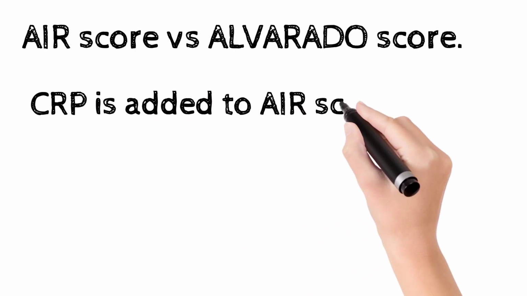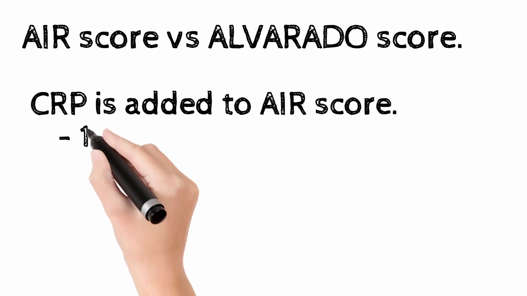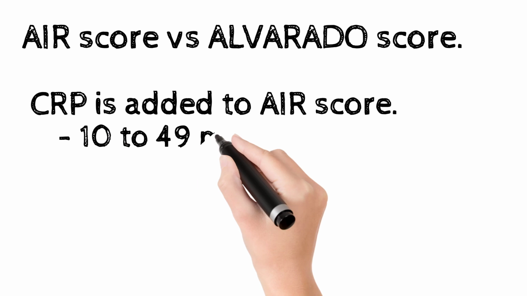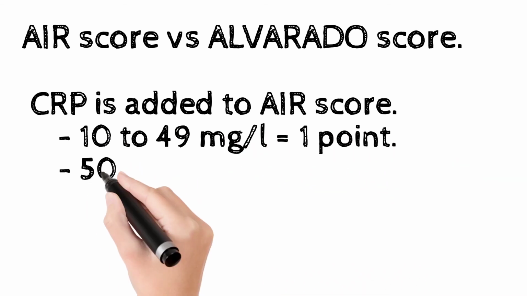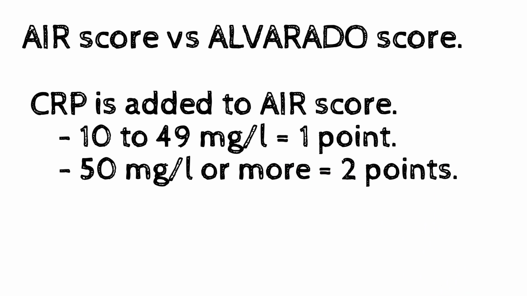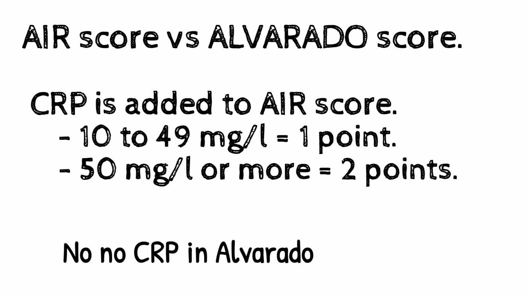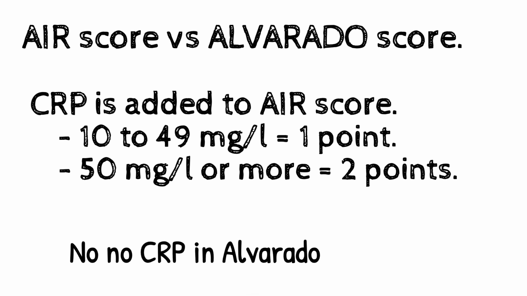Also, the C-reactive protein was added to the AIR score, which was not there in the Alvarado score, and a CRP value of 10 to 49 is given 1 point, and a CRP value of 50 or more is given 2 points. Note again, there was no CRP in the Alvarado score.